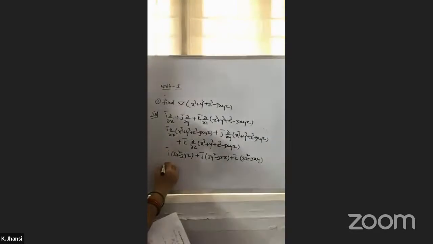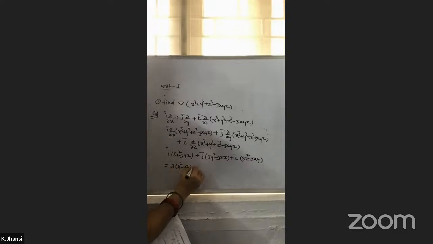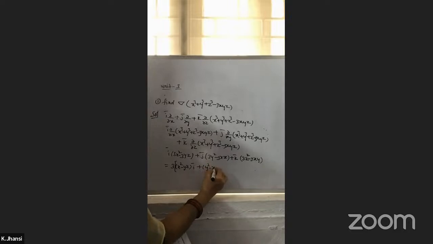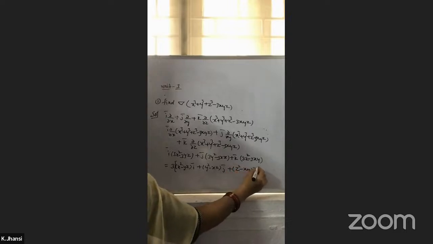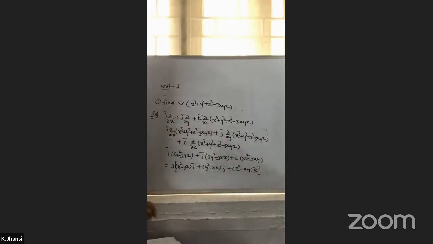If you take 3 common, it will be 3 times x square minus yz into i, plus y square minus xz into j, plus z square minus xy into k. Like this, we have to find the answer whenever the question asks to find the gradient of the scalar function.